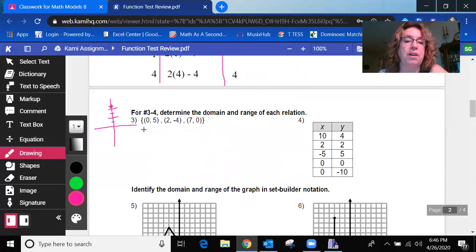There'd be a dot right there. 2, negative 4, go 2 over and then down. Negative 4 would be somewhere around here. 7, 0, 2, 3, 4, 5, 6, 7. So I'd have 3 dots, and they're not connected. So this is discrete. But what's the domain and range?